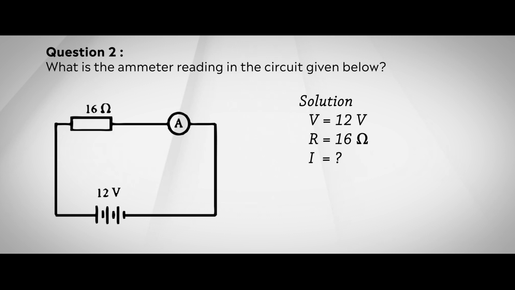To find current, use the formula I is equal to V by R. Substituting the values, you get 12 divided by 16, that is equal to 0.75 amperes. 0.75 amperes is your answer.